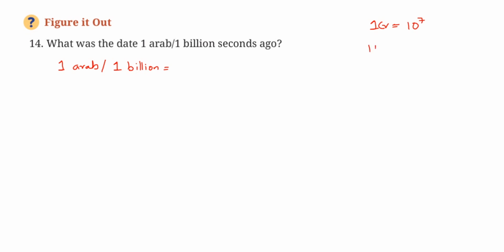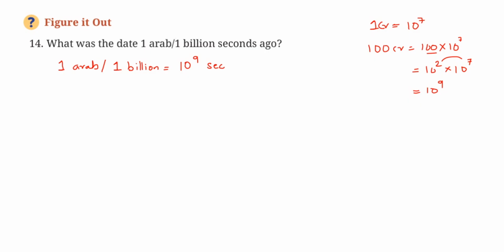When we are saying 100 crore, this means 100 times 10 to the power 7. 100 is 10 square and here we have 10 to the power 7. So add these powers. This is 10 to the power 9, 2 plus 7 is 9. So 1 billion is 10 to the power 9 seconds. So we have to find what is the date 10 to the power 9 seconds ago.